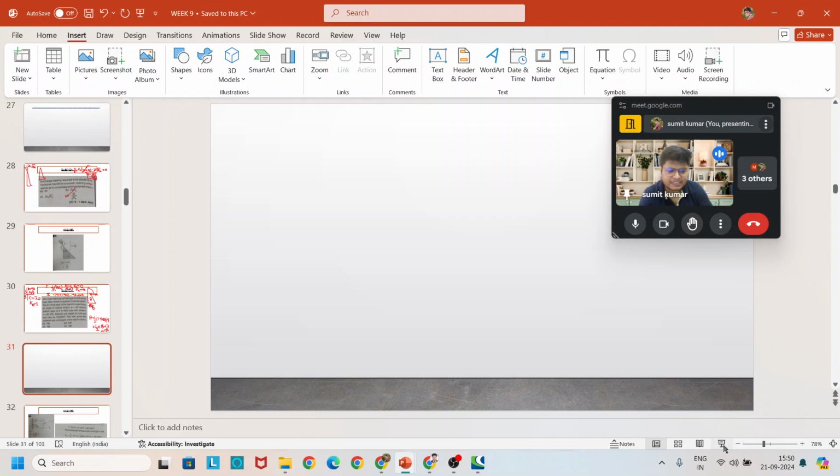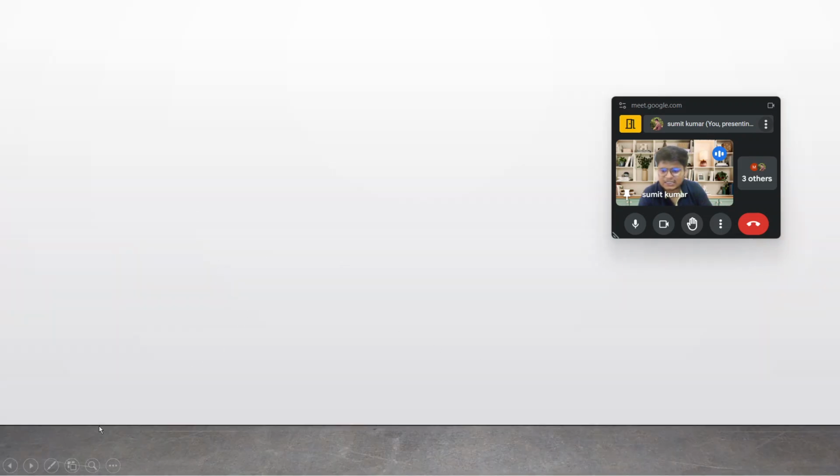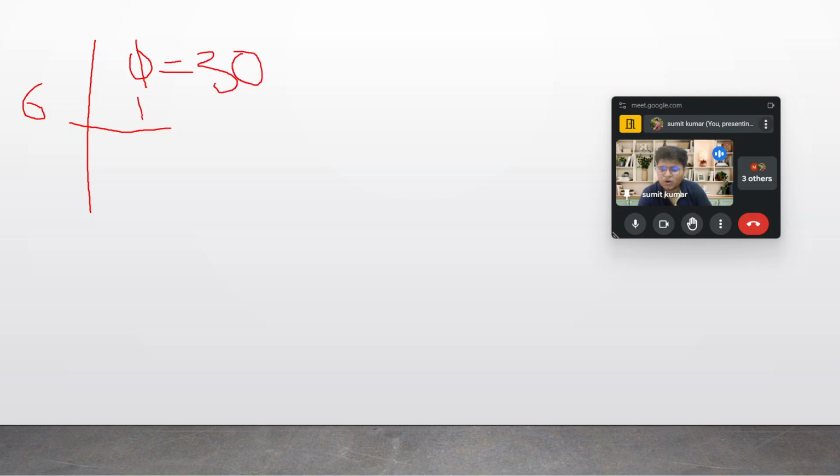I'm writing the entire thing again. See, how we solve. First of all, this thing is 6 meters high, right? The top 3 meters has phi of 30 degrees, and so for phi equal to 30 degrees, k equal to 1 by 3. Up to that, there will be no doubt, no?